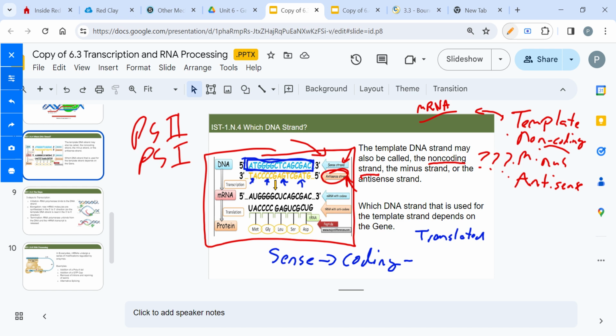But what happens is this sense strand should look identical or very close to the mRNA sequence that's going to leave. Your only difference is that your thymines should be switched with uracils, because uracil exists in RNA and not thymine.